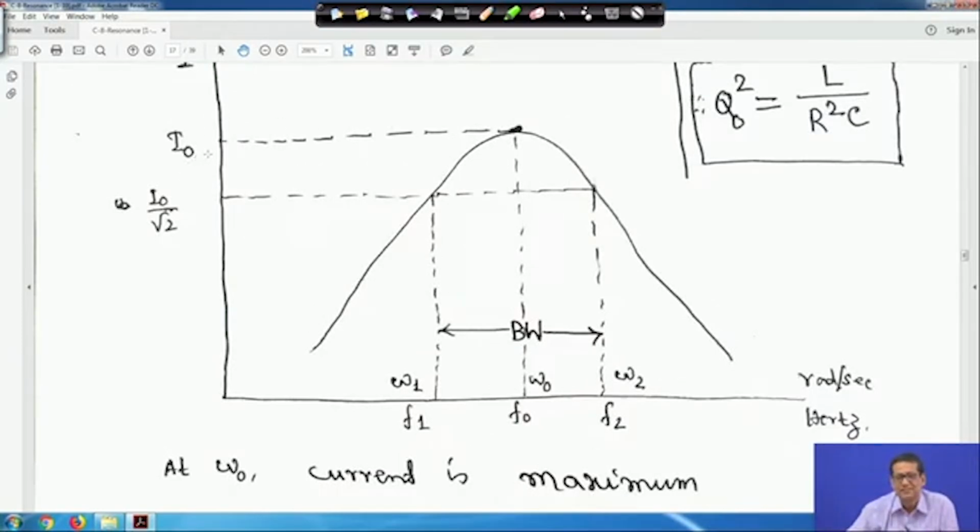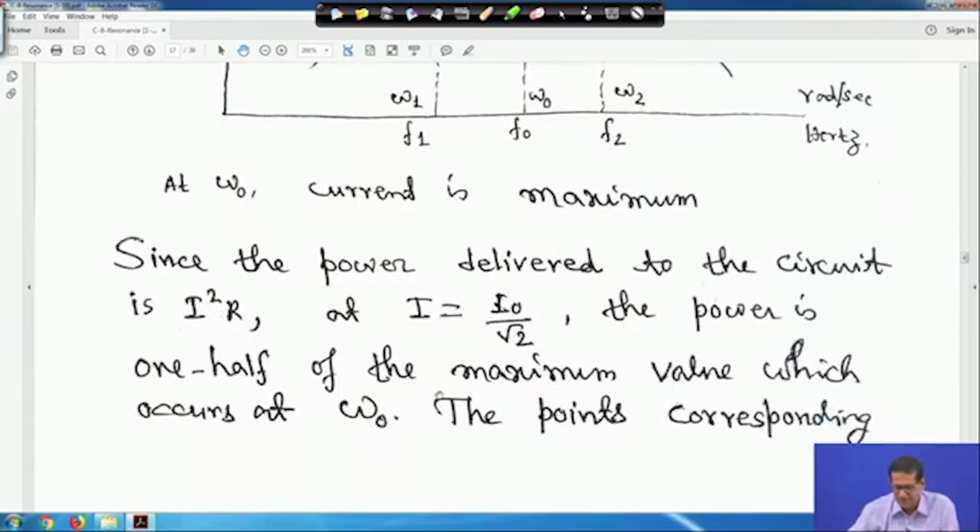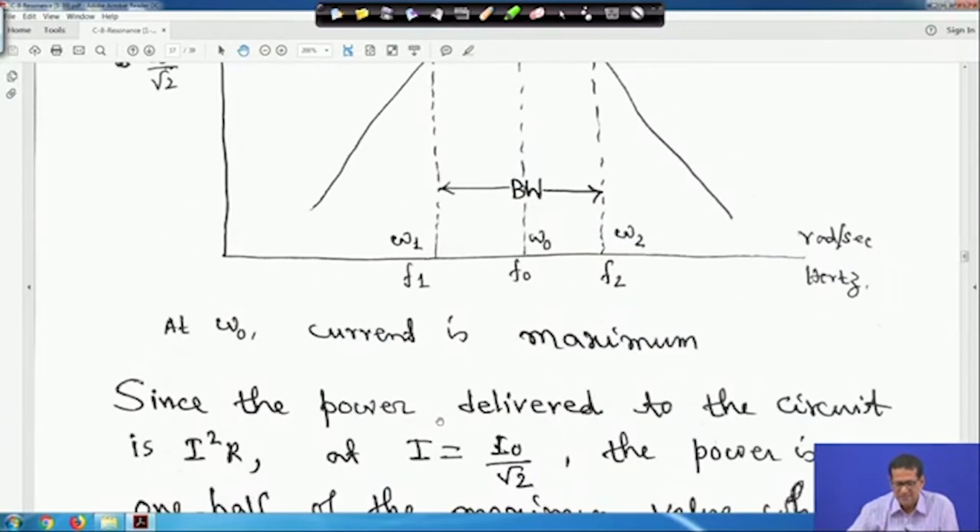I 0 is the maximum current at resonance frequency, when omega is equal to omega 0 or f is equal to f 0.